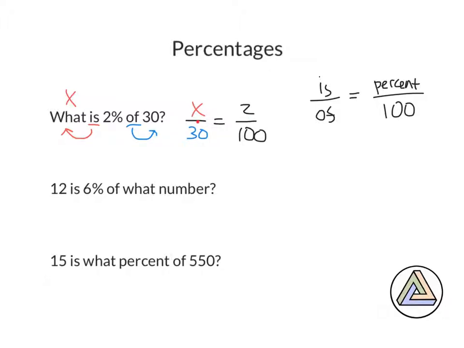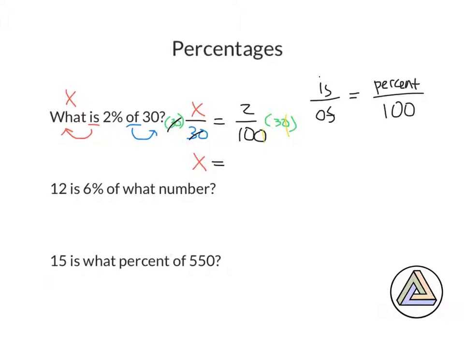Now we want to solve for x, and we could do so by multiplying both sides by 30. And in doing so, we cancel these, and we end up with x equals, let's see, this could cancel with the 100.